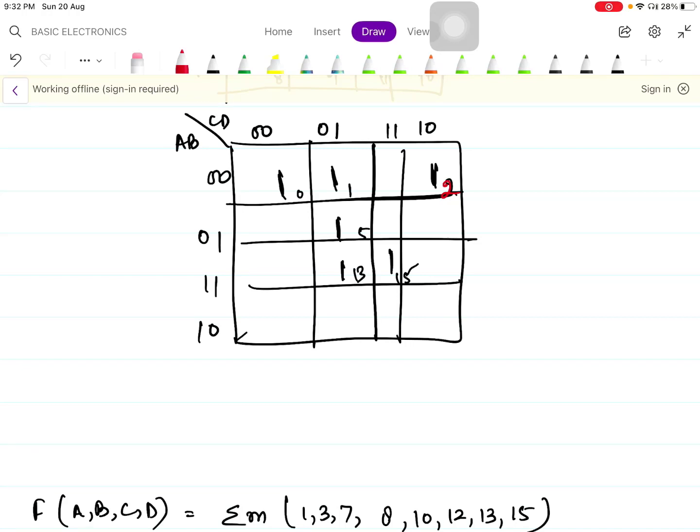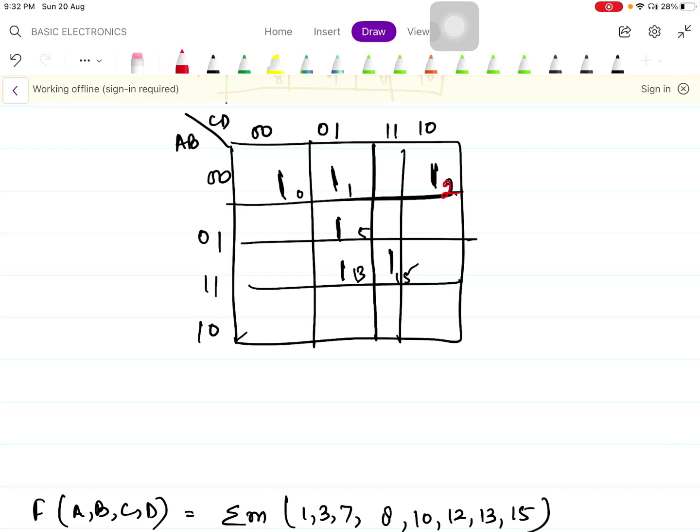Because all the groups are of the same size, the question does not arise of which group to make first. If a group of four were being formed, we would make the groups of four first, the bigger group. But here all the groups are being formed of the same size.